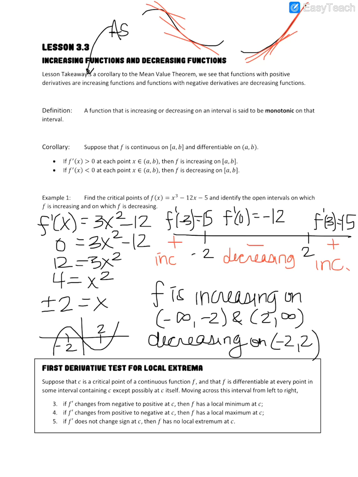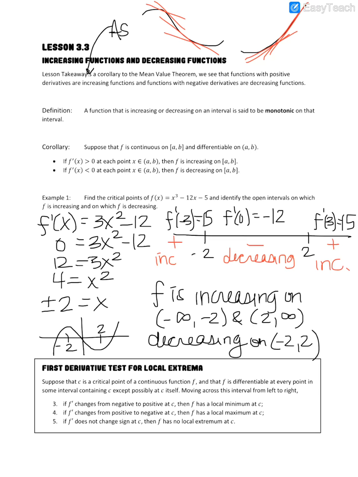Okay, so at the bottom here, it's the first derivative test for local extrema. Suppose that c is a critical point of a continuous function f, and f is differentiable at every point in some interval containing c, except possibly at c itself. Moving across this interval from left to right, if f prime changes from negative to positive at c, then f has a local minimum at that point.